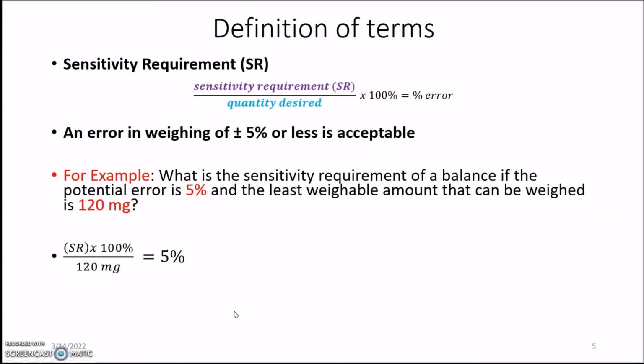Of course, we're just going to be putting that into the equation and substituting for the quantity desired, which is 120, and the error, which is 5%, and solving for SR. And the SR that we would have gotten is 6 milligrams. This means that it takes a load of 6 milligrams to move the pointer of that scale from one graduation to the next.